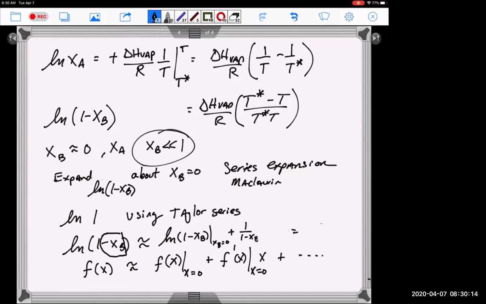The more correct way to do it: the derivative with respect to xb of ln of 1 minus xb is 1 over 1 minus xb times minus 1. So either we put the minus 1 here because we're taking the derivative with respect to xb, or we're taking the derivative of minus xb.